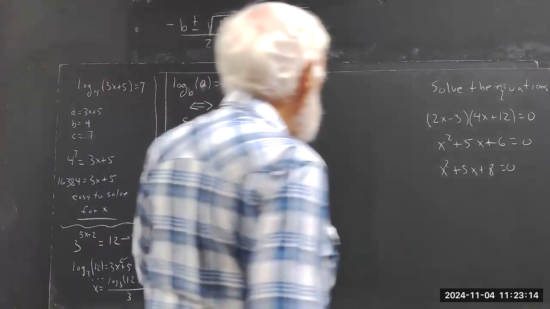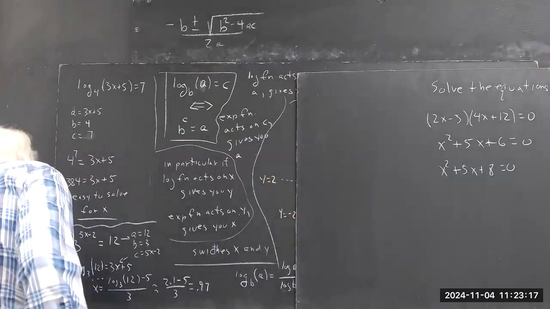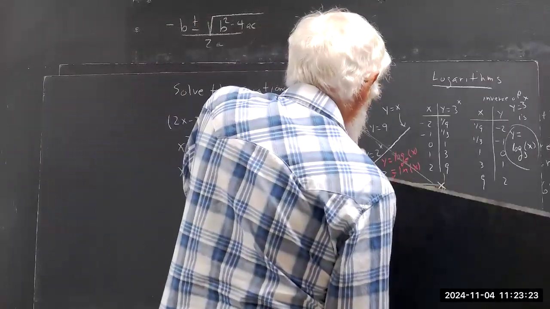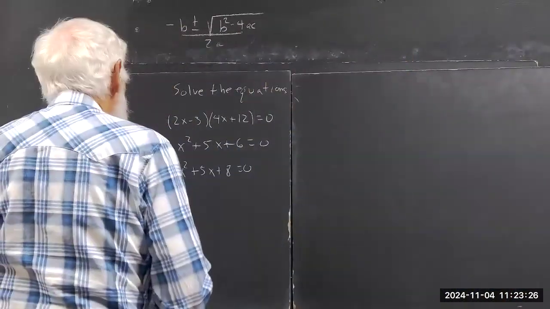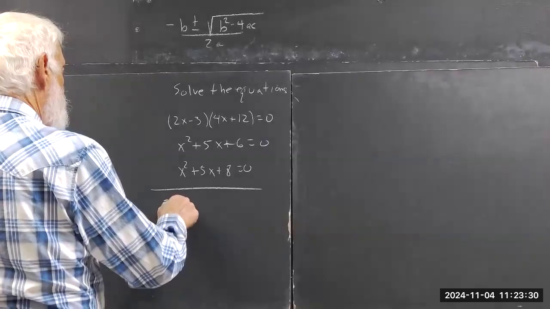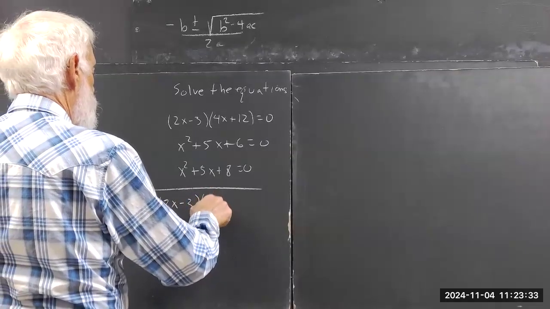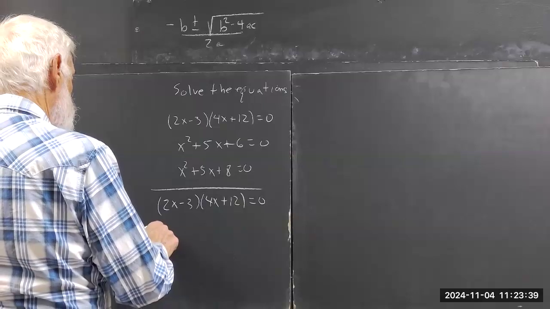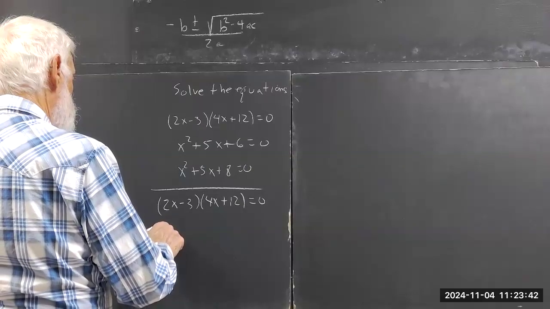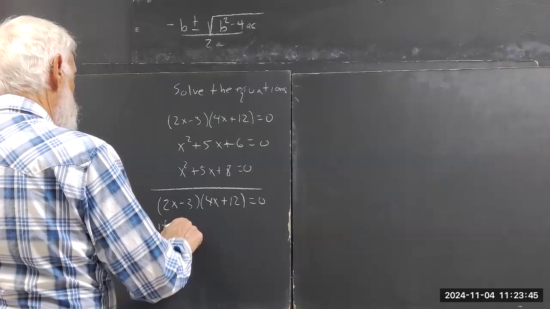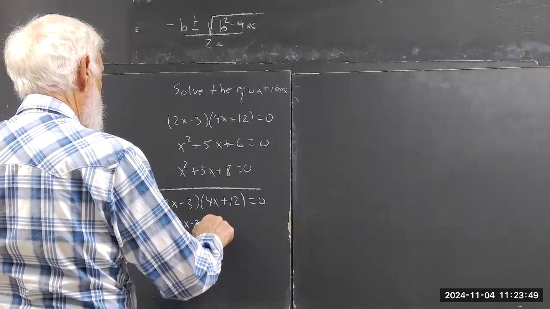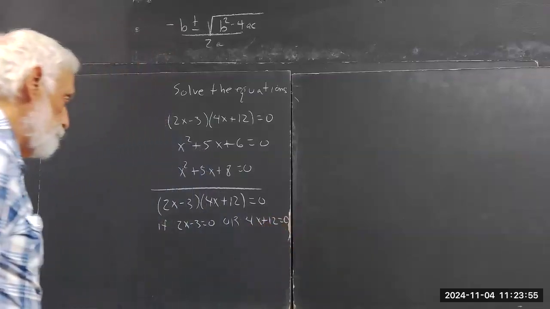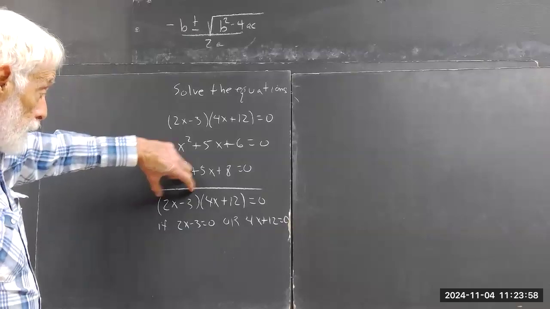Okay, we have a couple of quiz problems. The first equation is going to equal zero if this is zero or if this is zero.